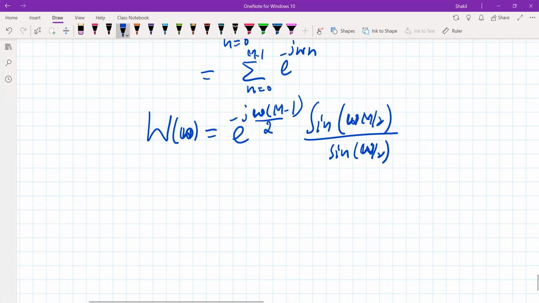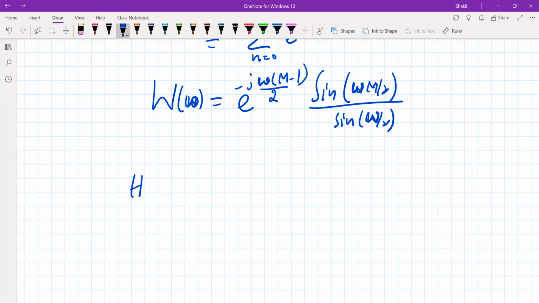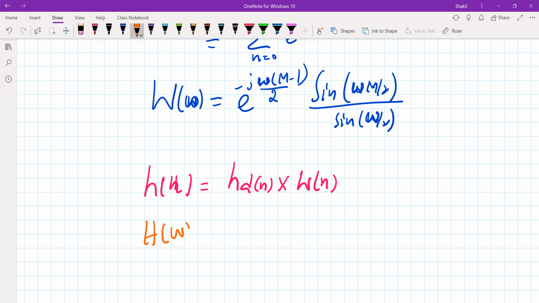So to obtain h of n, you are doing h of n equal to hd of n multiplied by w of n, and the same operation in the frequency domain will apply. So this is the frequency. These two will be convolved.